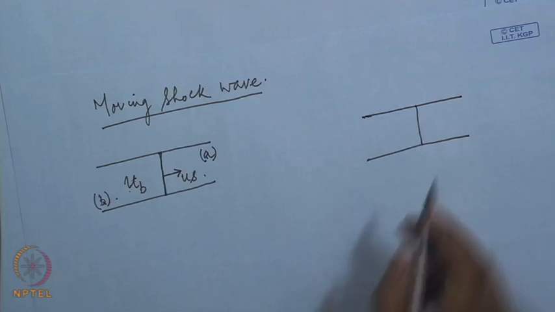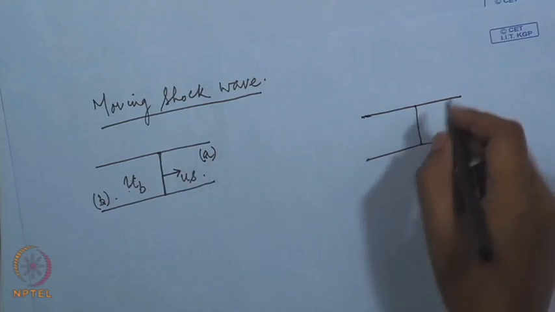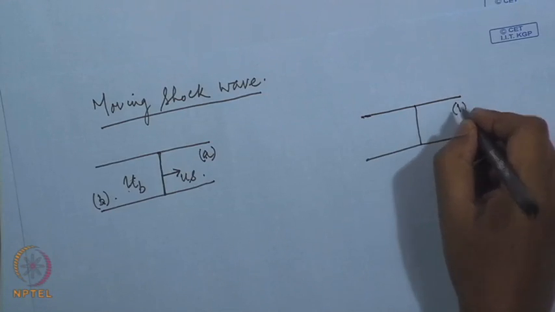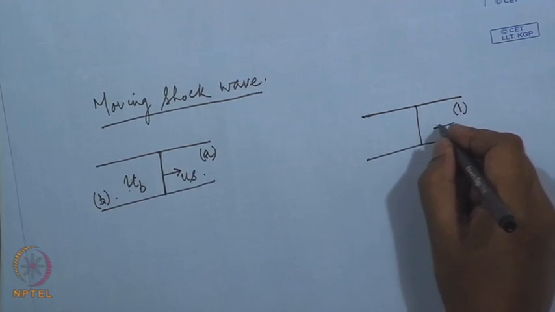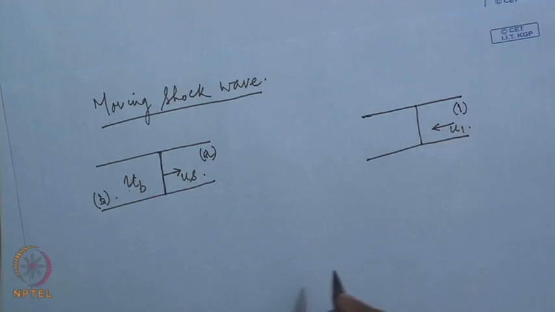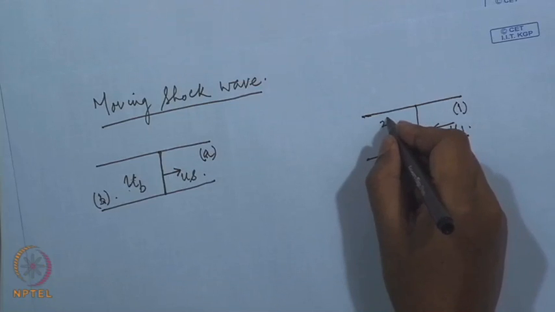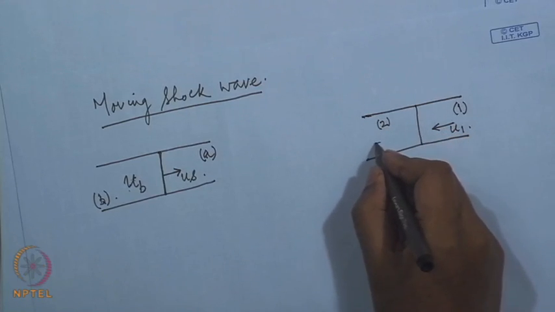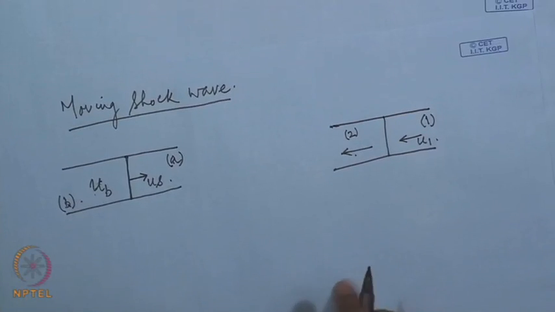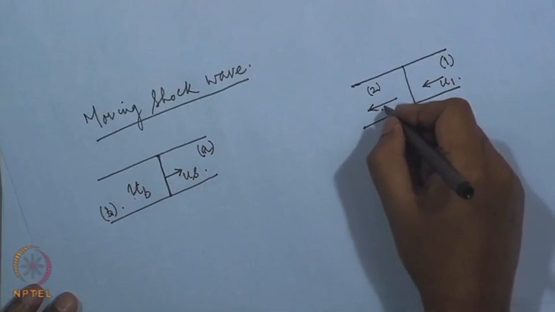Then with respect to this observer, the fluid in region A, which we will now designate as region 1, is moving with the speed u1 in this direction, and the fluid in region 2, that is B, is moving at a speed u2.